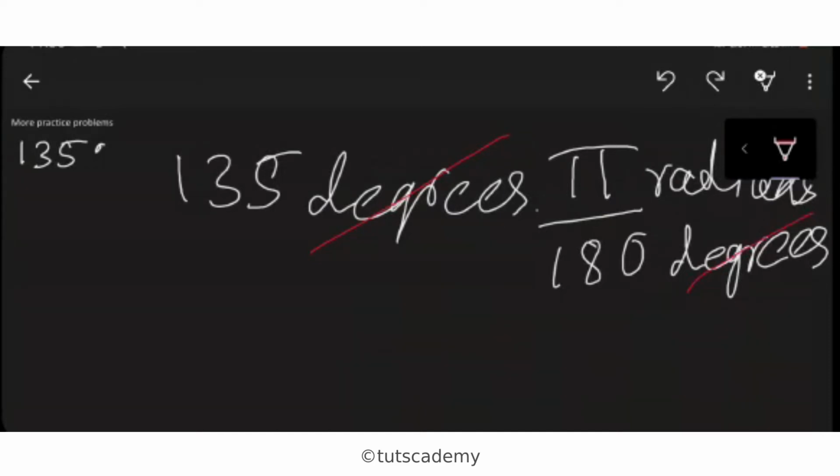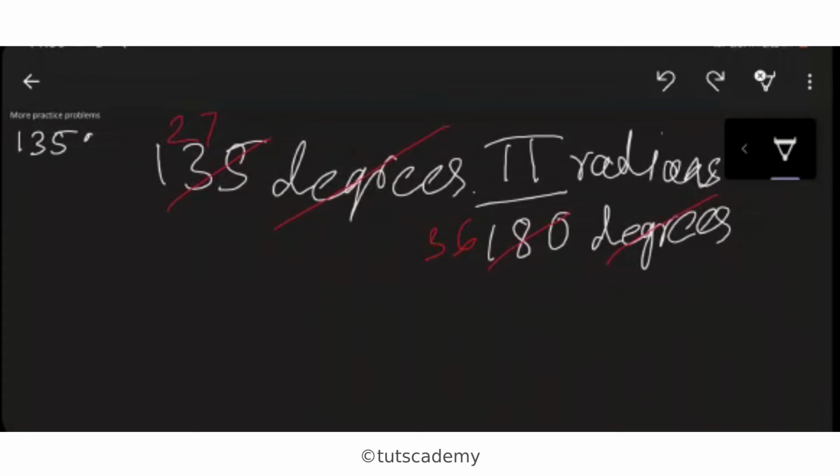Now we are going to be dividing 135 and 180 by 5. 135 divided by 5 is 27, and 180 divided by 5 is 36. So now we are left with 27 pi over 36 radians.